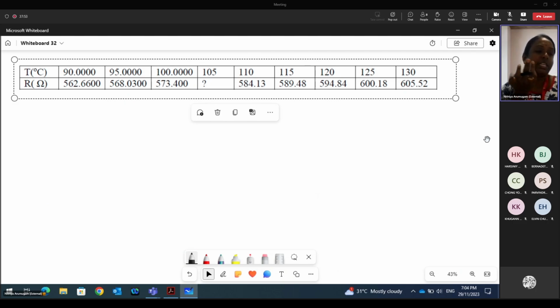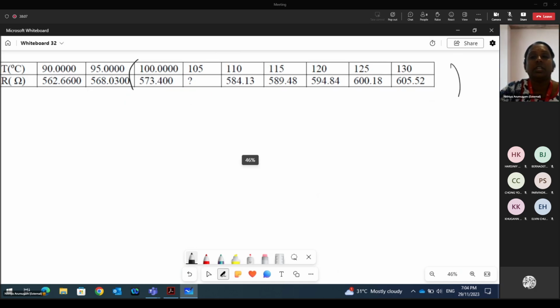So we basically need to find the linear equation using the resistance values between 100 and 130 degrees Celsius, meaning from here to here.